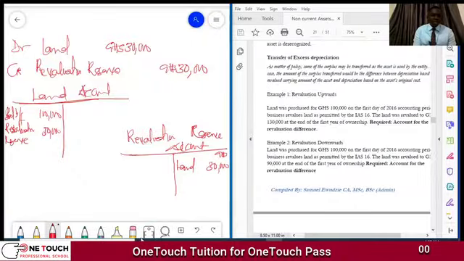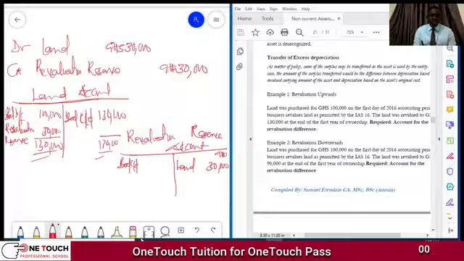So at the end of the day, we have 130. At the end of the year, balance carried down is 130. Okay, good, good.